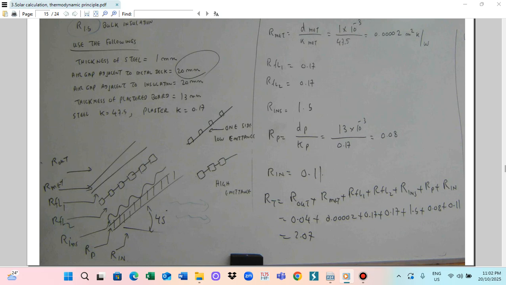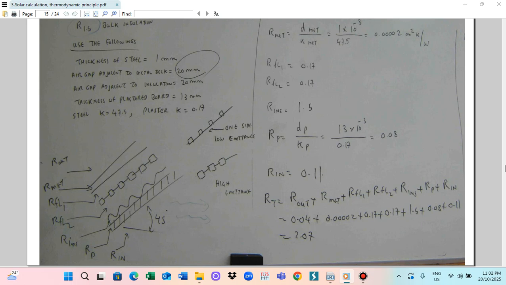So we got the R method, and also RFL1 and RFL2. RFL1 and RFL2 are sloped at 45 degrees, because you see here, this row is at 45 degrees. Because at 45 degrees, we have to calculate the air gap.